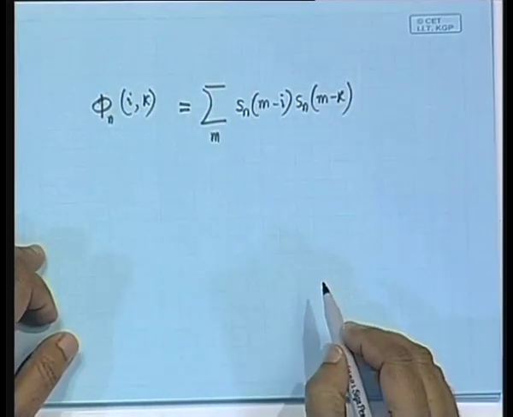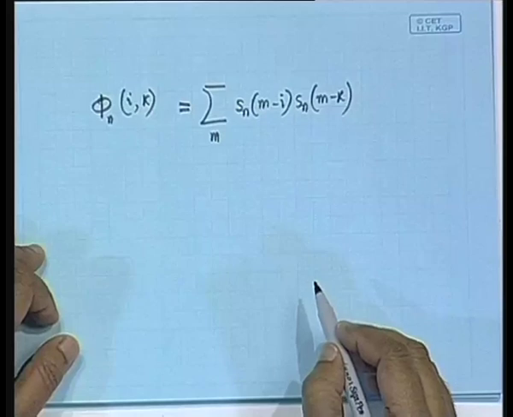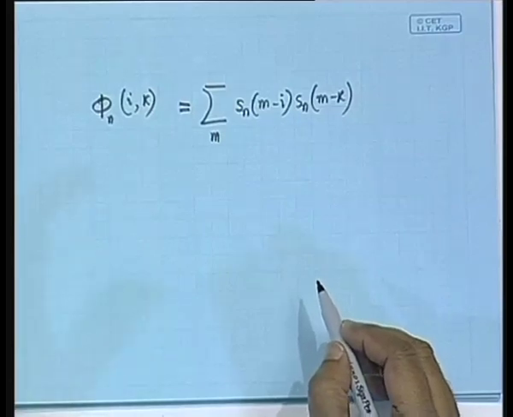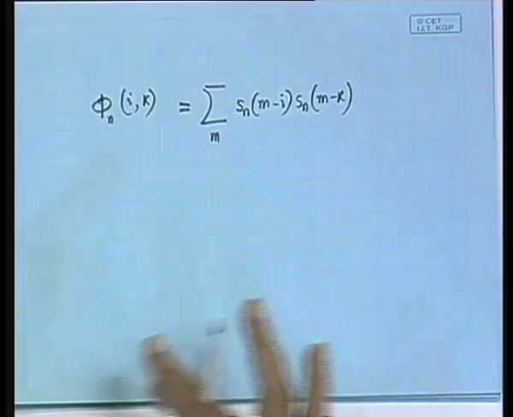This is nothing but the autocorrelation function. Here i is a sort of an initial offset from the starting, and k will be the lag. So essentially the lag in this case is going to be i minus k.